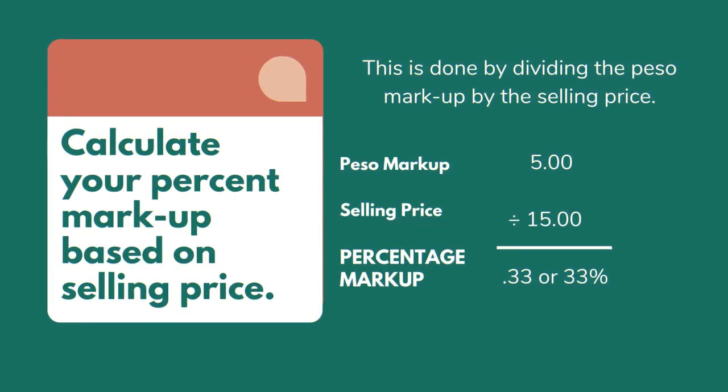Calculate your percent markup based on selling price. This is done by dividing the peso markup by the selling price. For our example, the peso markup is 5 pesos divided by the selling price, 15 pesos. Now, your percentage markup is 0.33 or 33%.